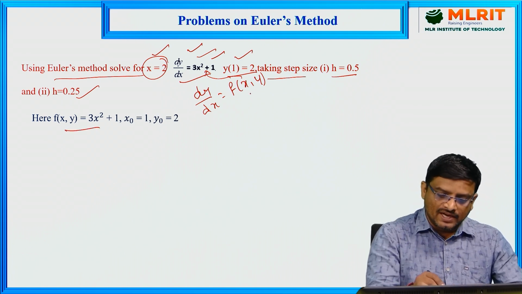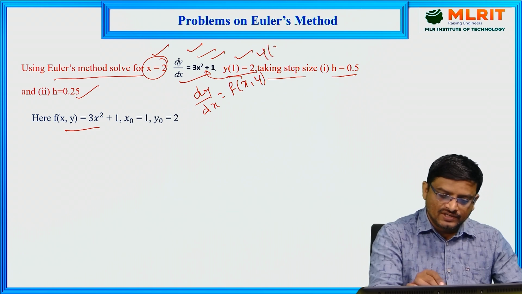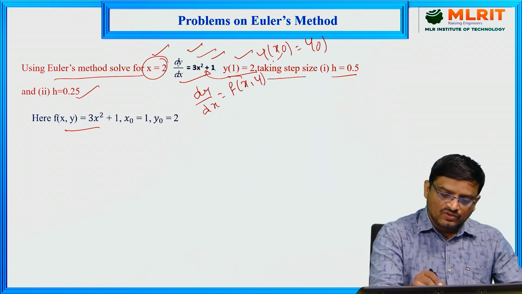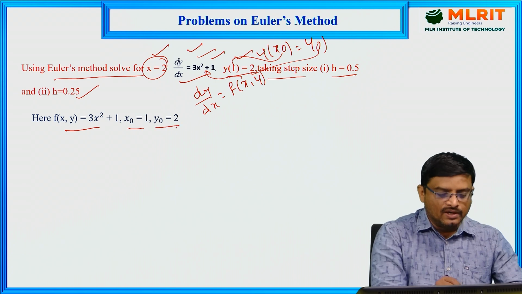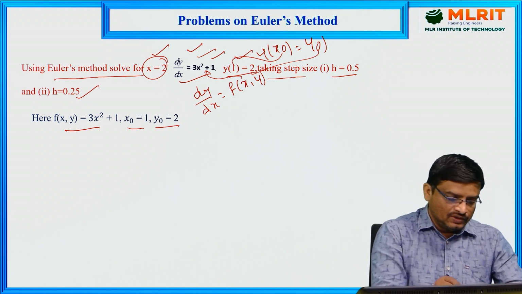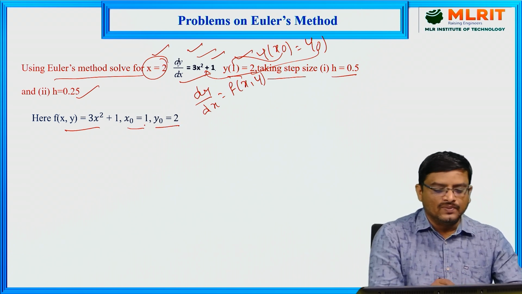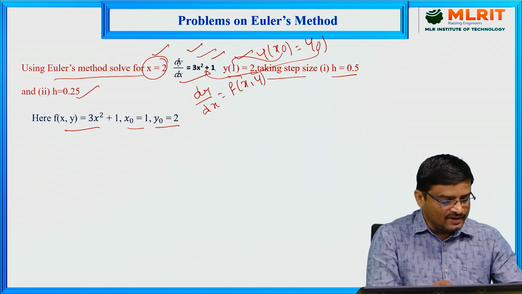Comparing the standard initial condition with the given one, in place of x0 we are having 1, in place of y0 we are having 2. So x0 is equal to 1 and y0 is equal to 2. These are the primary things we want from the given differential equation along with the condition.